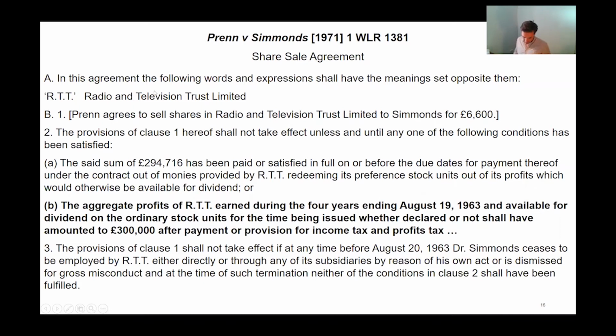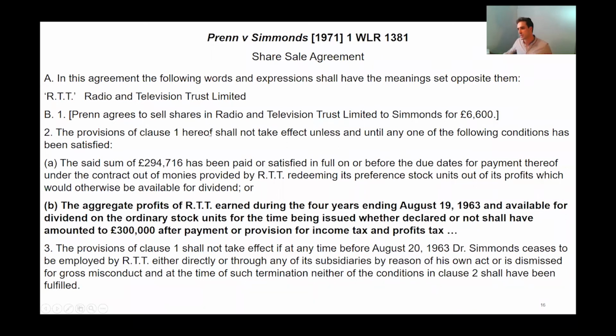So that's the background. So at the same time as Mr. Pren acquires this company, Mr. Pren enters into the share sale agreement with Dr. Simmons, who works for a subsidiary of this company. And this is the share sale agreement here. These are the words of the share sale agreement. So Pren agrees to sell the shares in Radio and Television Trust Limited to Simmons for £6,600.